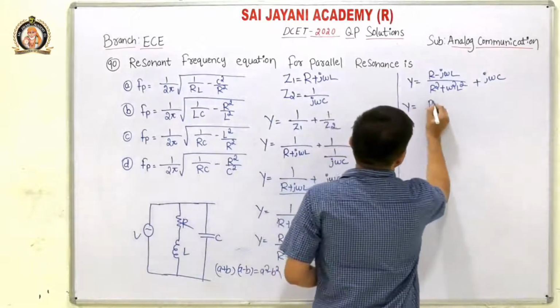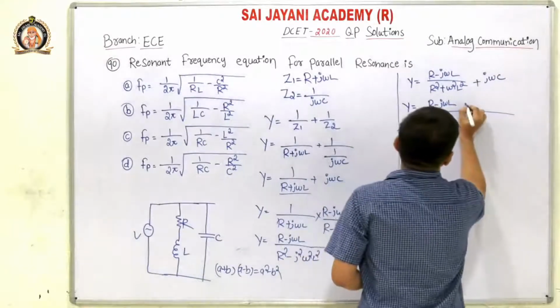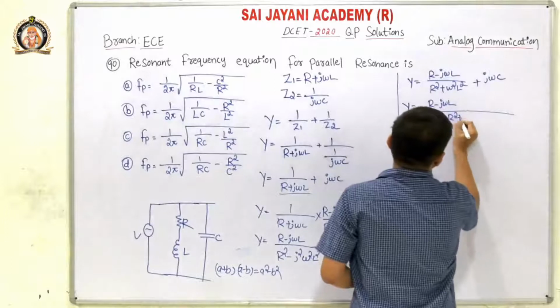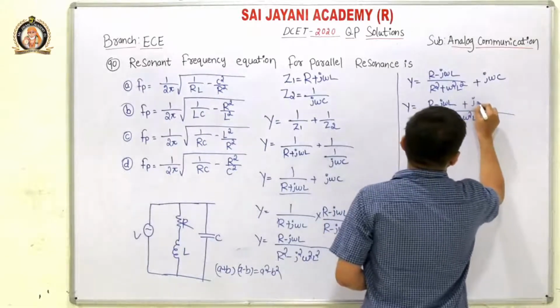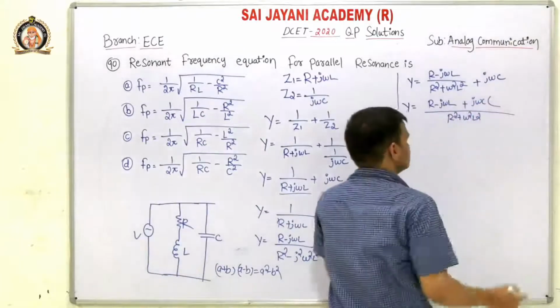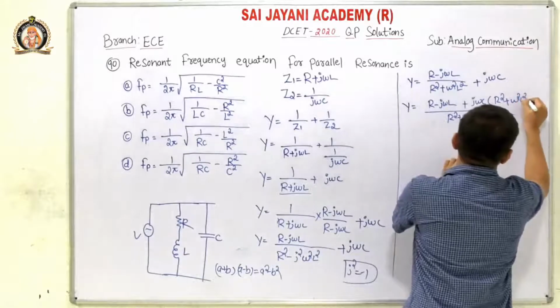So the LCM becomes R minus j omega L divided by R square plus omega square into L square, plus j omega C into R square plus omega square into L square.